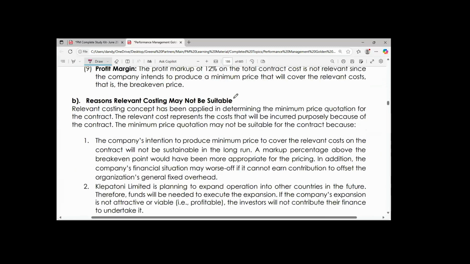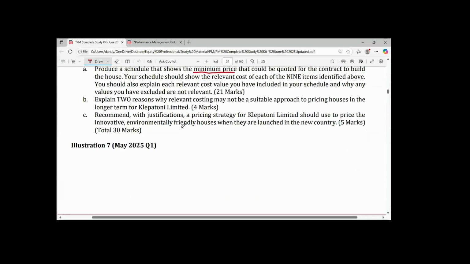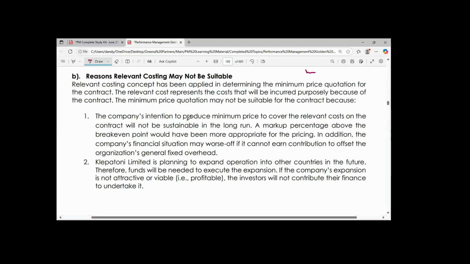So in requirement number B, examiner is asking us why relevant costing may not be suitable. I believe I'm already sharing with you, right? So examiner is asking you to explain two reasons why relevant costing may not be suitable approach to pricing houses in the longer term for the company. Relevant costing concepts have been applied in determining the minimum price quotation for the contracts.